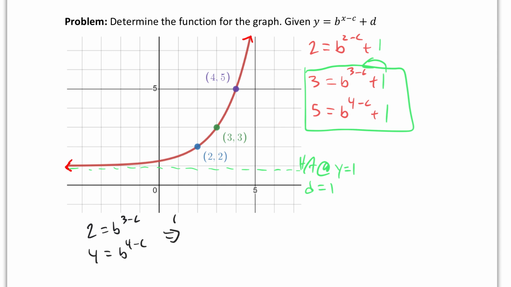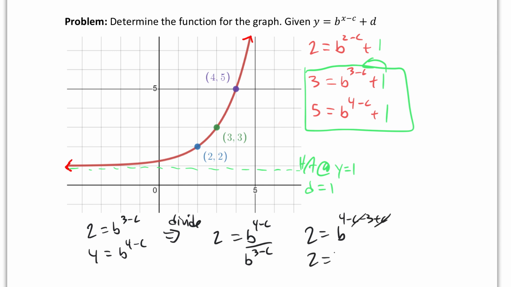Now if we divide them, 4 divided by 2 is going to be 2, equals b to the 4 minus c over b to the 3 minus c. That means we have 2 equals b to the 4 minus c minus 3 plus c.